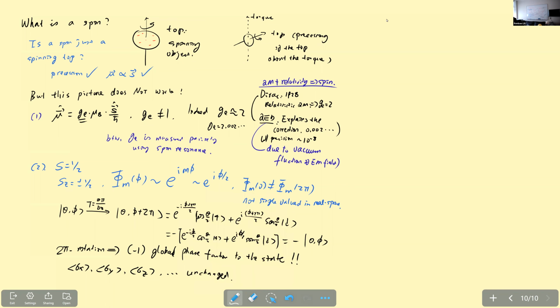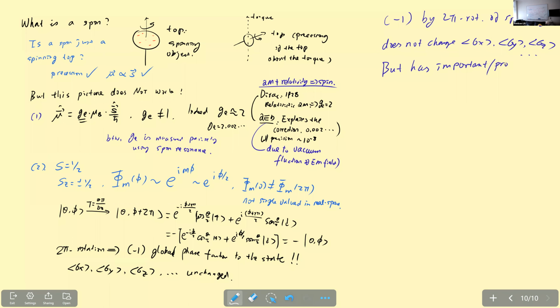So this minus sign, by a 2 pi rotation of a spin half, does not change the measurements like sigma x, sigma y, sigma z, so on and so forth, any kind of measurements, but still has an important and profound consequence.